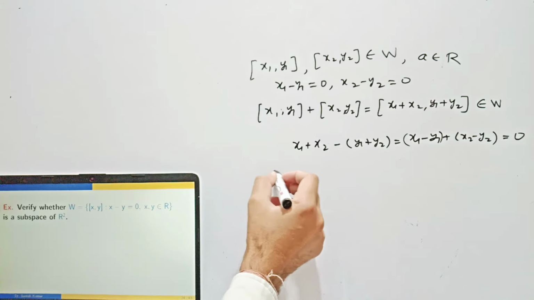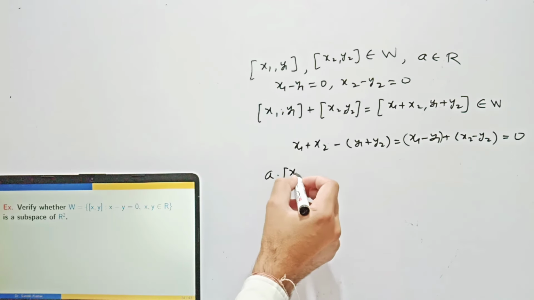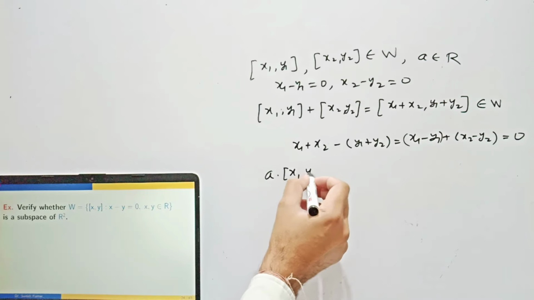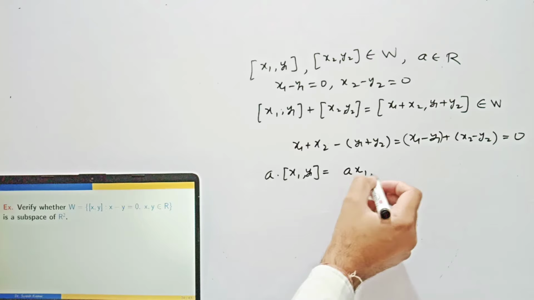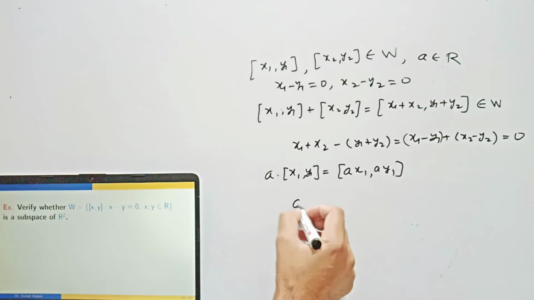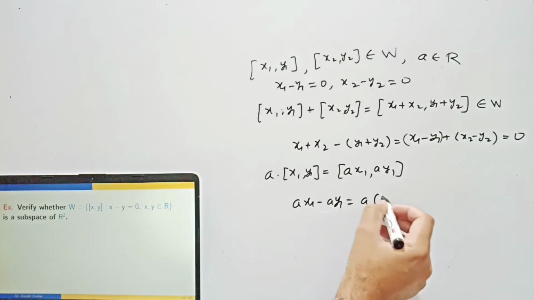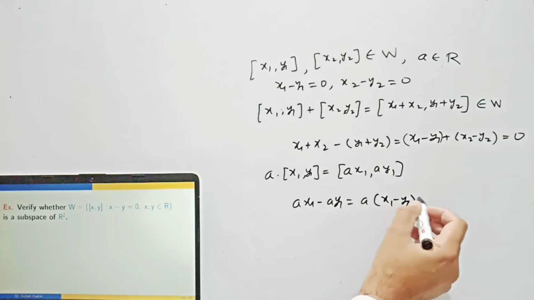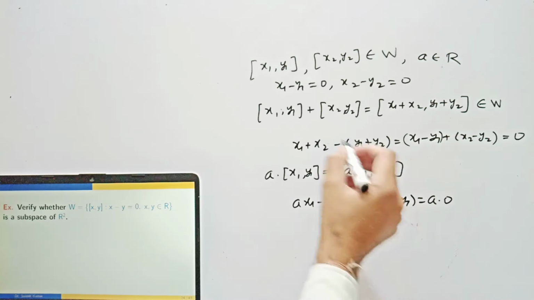Same way, if we solve a dot (x1, y1), what do we get? (ax1, ay1). What is the difference of these two? ax1 minus ay1, that can be written as a times (x1 minus y1), a dot 0, a into 0. This dot is different from that one.